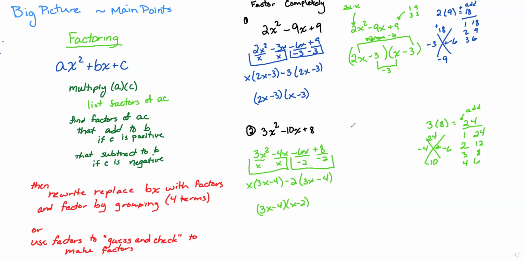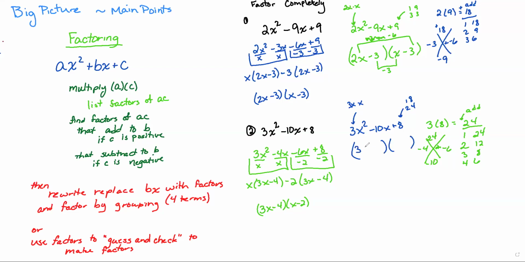I will have the 3x squared minus 10x plus 8. So 3 has the factors 3x and x. That's the only choice. 8 is 1 and 8, 2 and 4. All right, so 2 parentheses.